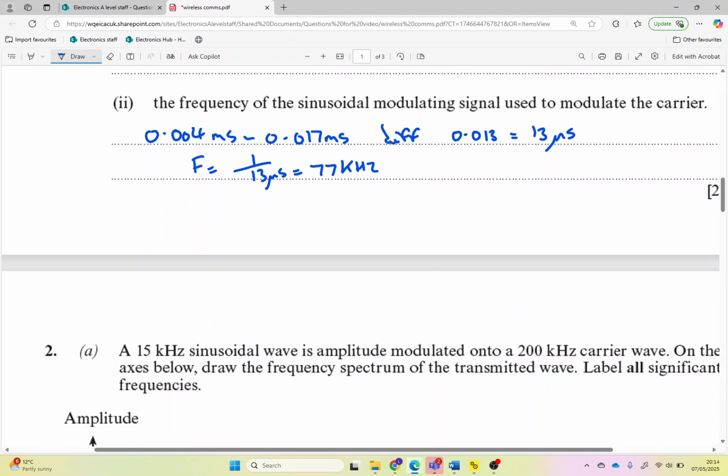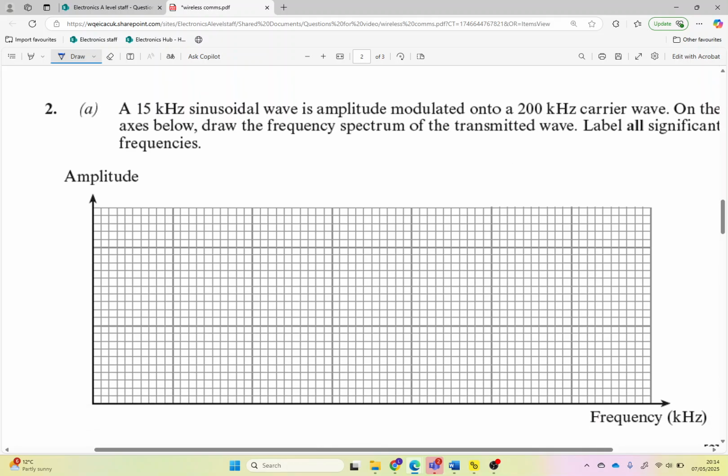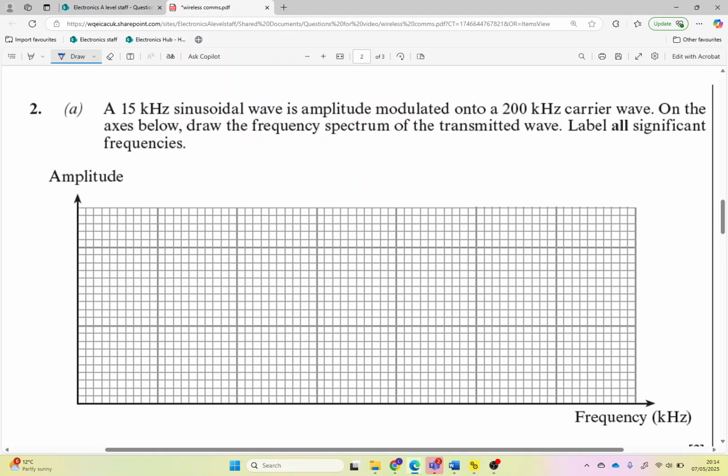Right, let's plot some AM waveforms in the frequency domain. We're looking at a carrier frequency of 200 kilohertz. So if I plot something just there at 200 kilohertz, I've got 200 kilohertz on the scale.